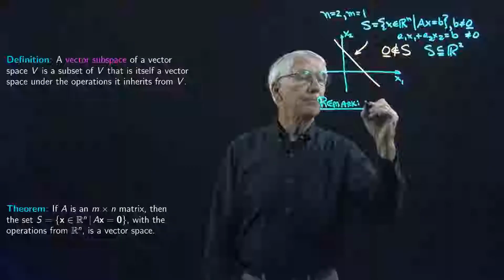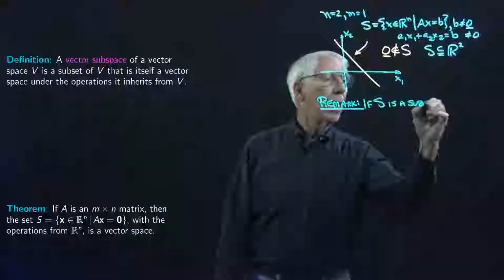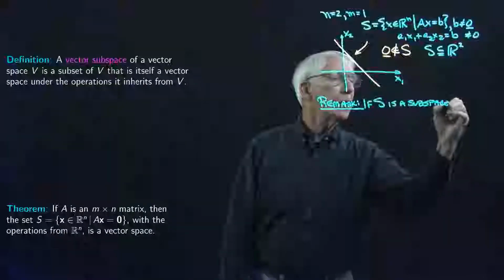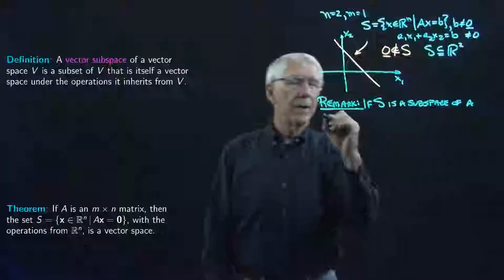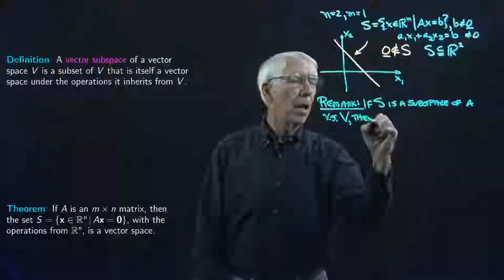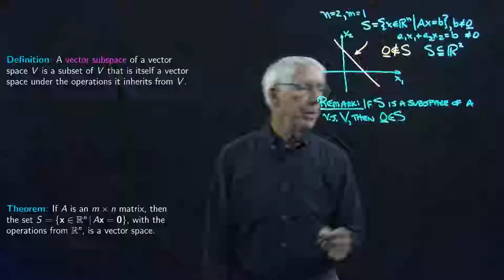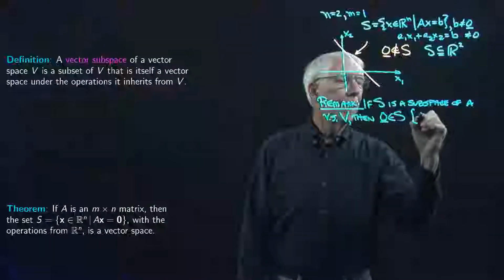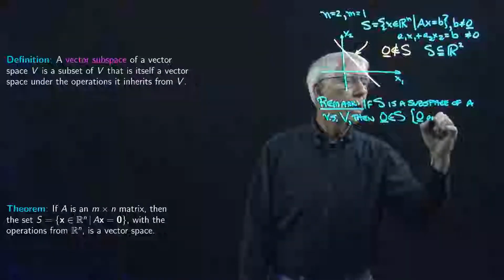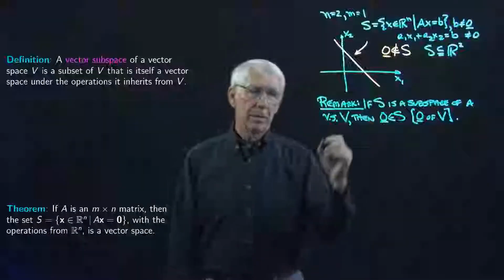So we'll say if S is a subspace of a vector space V, then S has to include the 0 vector, and that's the 0 vector of V. Easy to prove.